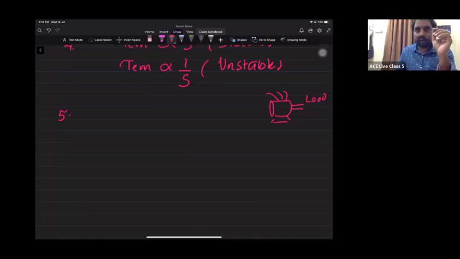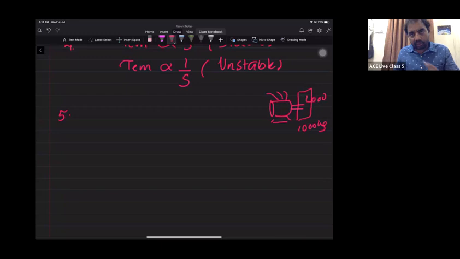On what basis can I say stable operation? Whatever torque the load needs, the motor is producing the same torque. Both these torques are the same, right? And hence the motor is operating in a stable mode. But now I'll put a 1000 kg weight here. Then I'll give the same three-phase supply to that motor.